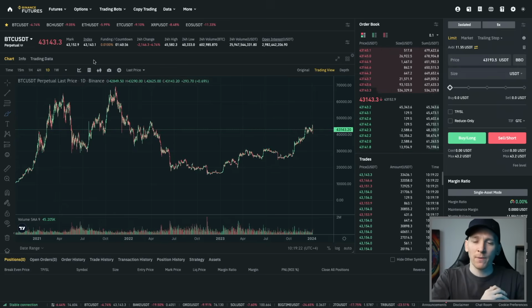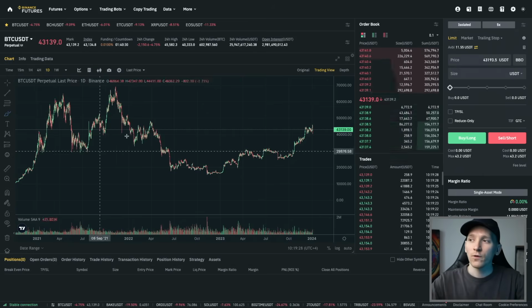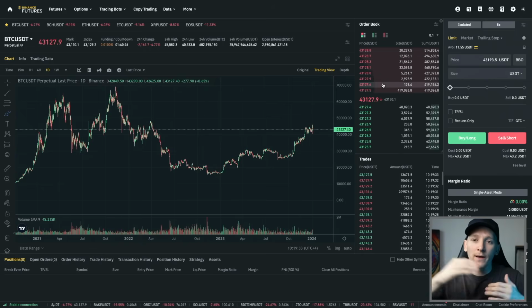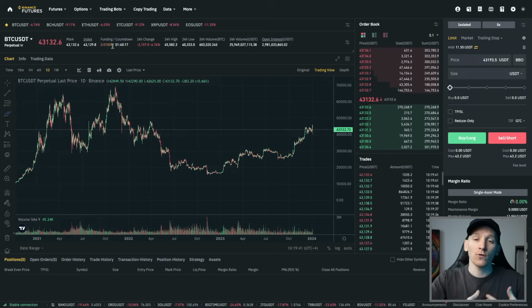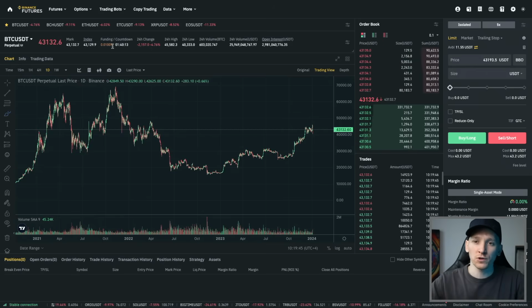That funding rate is paid from longs to short sellers. Those short sellers are being incentivized to sell short to keep the price down to bring it in line with the spot price. So we just have to know that funding exists and that we may have to pay it or we may receive it as well, depending on whether we're long or short at the time.